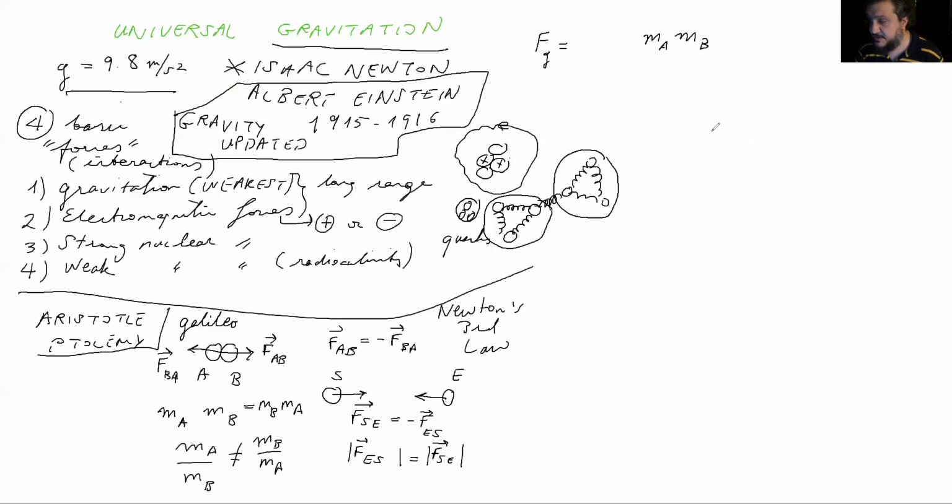So let's draw a picture here. This is A, and this is B. The force should decrease, so I need to put R, the distance between them, in the denominator. So that's one of the choices, right? When you put R in the denominator and increase the distance, the force goes down. But it's not the only option. Is it R or R squared or R cubed? All right, so which one is it?